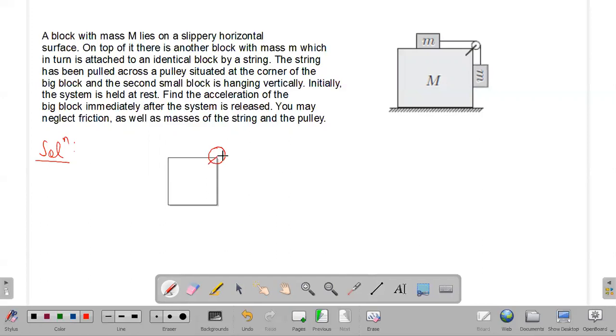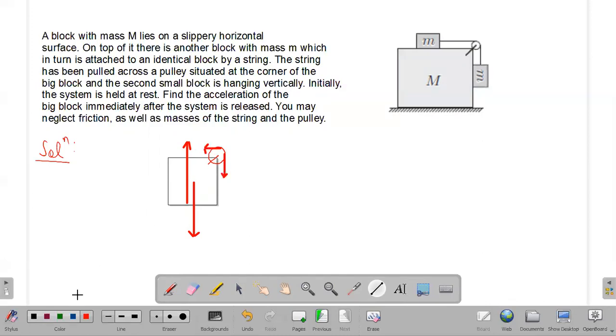So the forces acting on this mass capital M are the force of gravity in the vertically downward direction, the normal reaction force from the floor in the upward direction, the tension force on the string which is attached to this pulley, and another tension force in the left direction through the pulley.